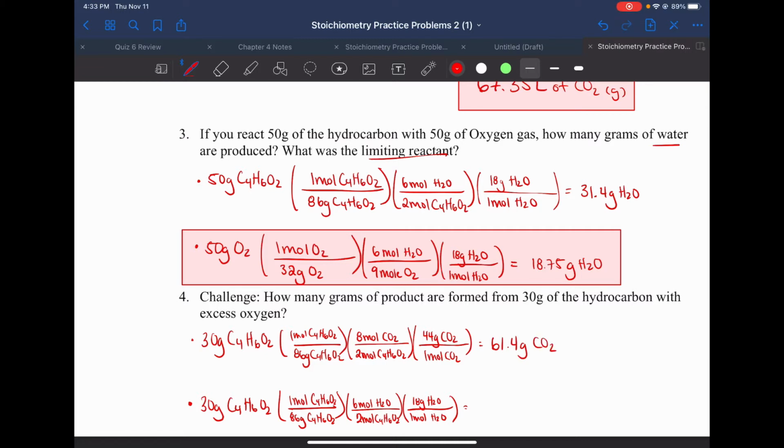And we get 30 times 6 times 18, divided by 86 times 2, which gives us 18.8 grams of H2O. So now we just need to add them together. So 61.4 plus 18.8 gives us a total of 80.2 grams of products, right? Both.